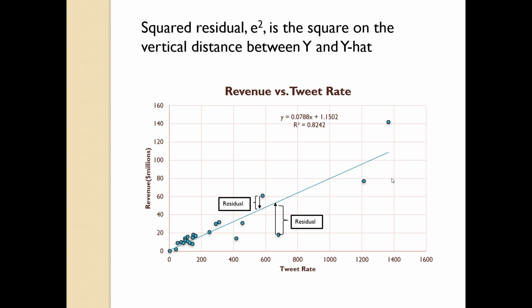We can look at that particular movie or stock and see what happened to them differently that's causing this deviation, and then see if we can incorporate that into our model as another variable. So those residuals have a high usefulness.